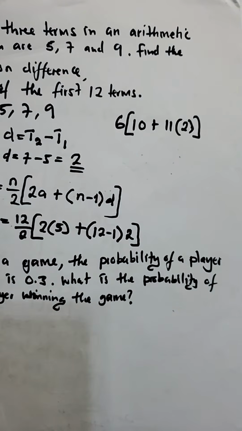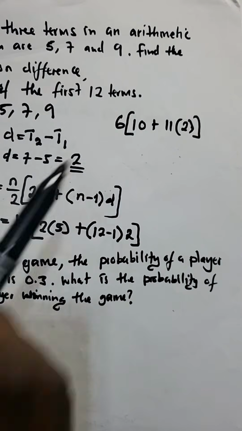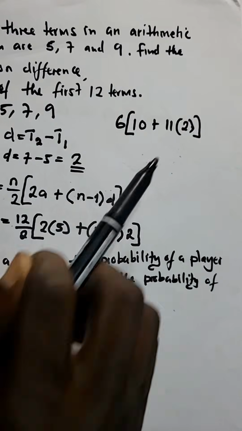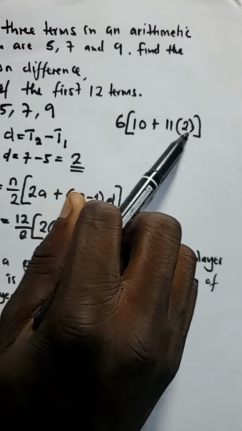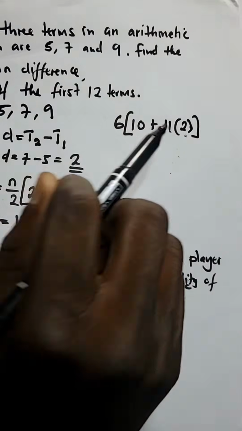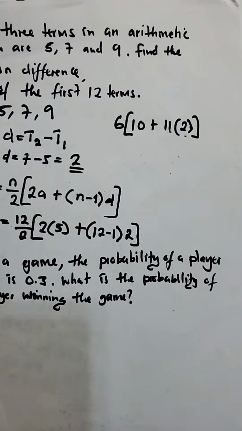All right. Then from there, please don't add 10 and this 11. Why? Because there's multiplication here, and according to PEMDAS or BODMAS, whichever we are using in your country, the order of operations, you first start with multiplication.